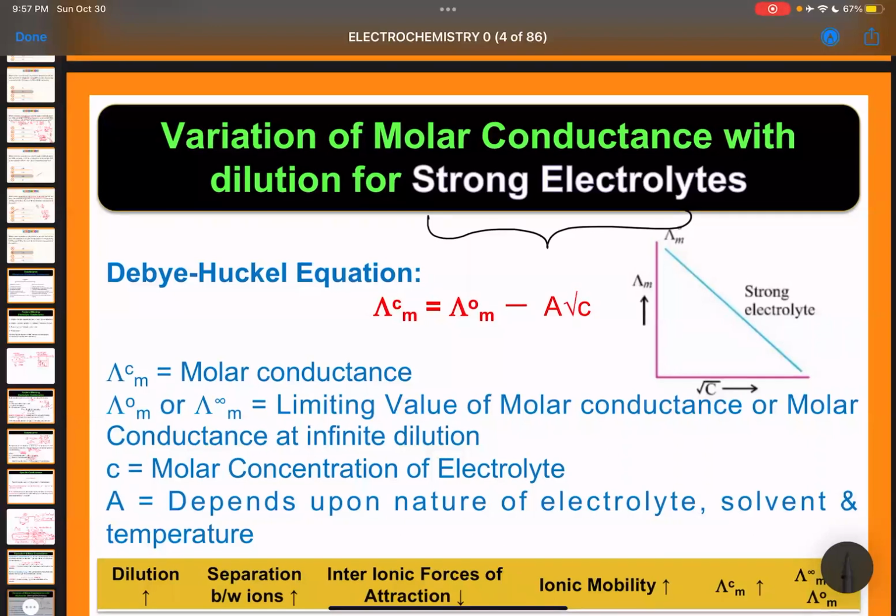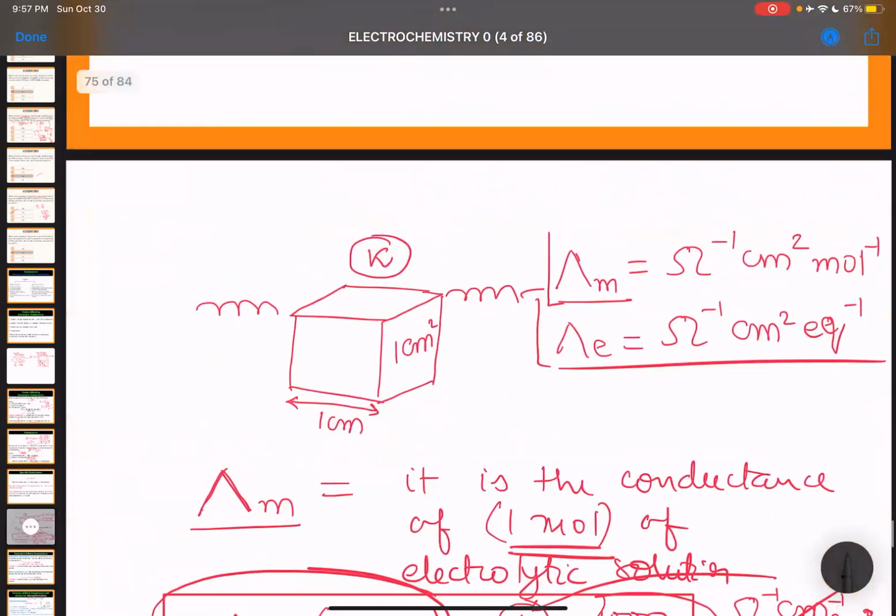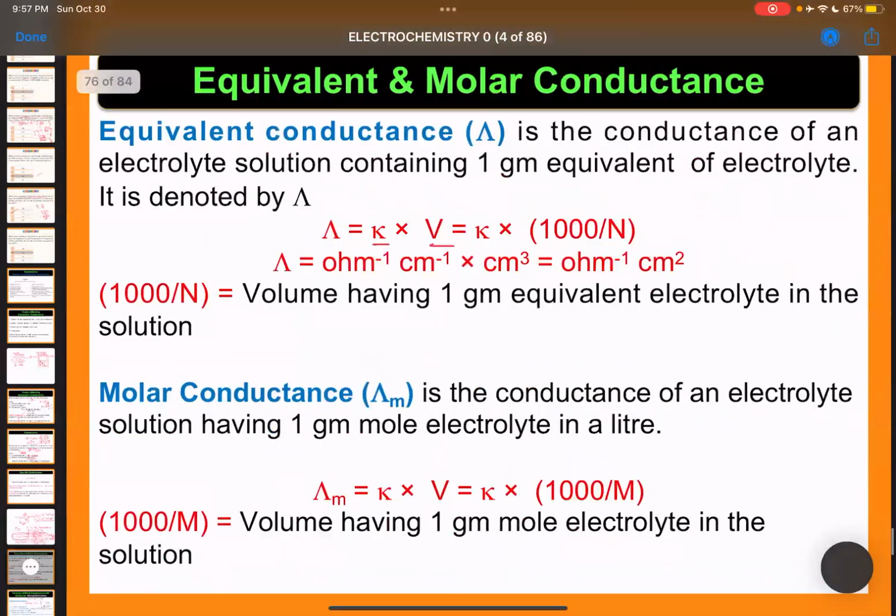And for a strong electrolyte, this is the square root of the concentration on the x-axis. If you are adding water, the concentration decreases, and if you are removing water, the concentration increases. As I told you in this figure, if the concentration decreases, the molar conductivity increases.